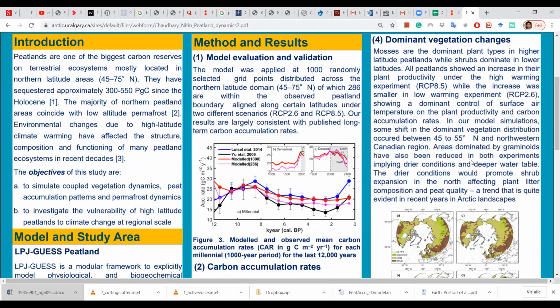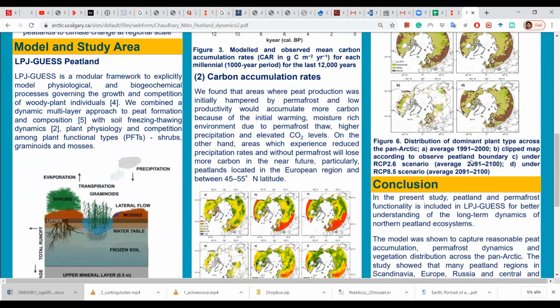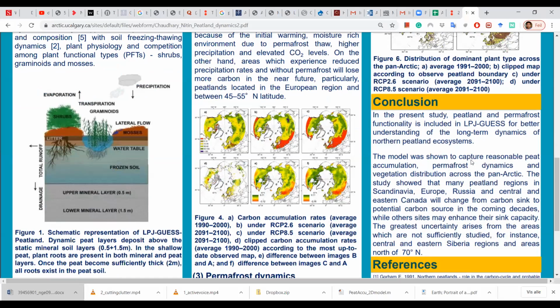Yeah, initially we validated this model for a single site like Stordalen, and then we validated the model for Scandinavian sites. We have multiple datasets for validation, and then we again validated our model for a temperate peatland site, which is Mer Bleue in Canada. So we have tested the model at multiple sites.